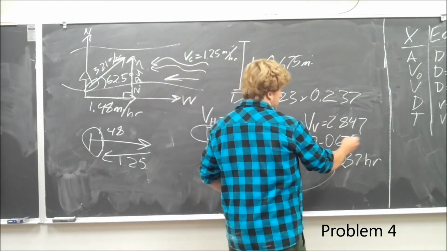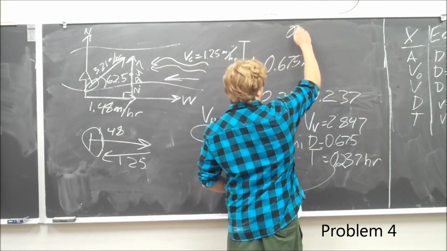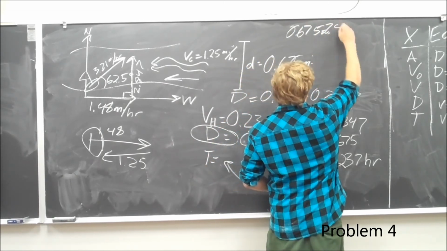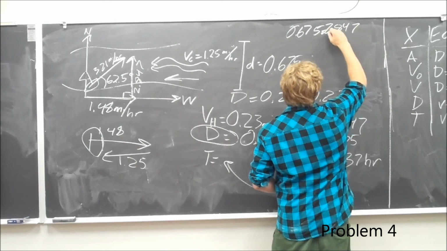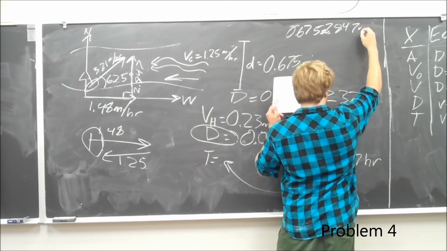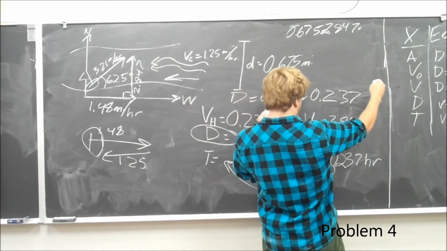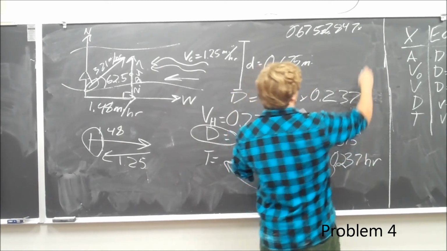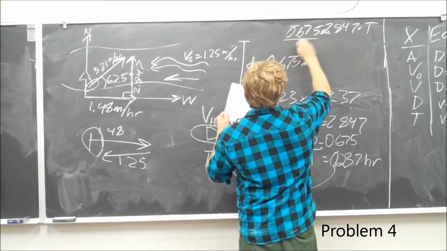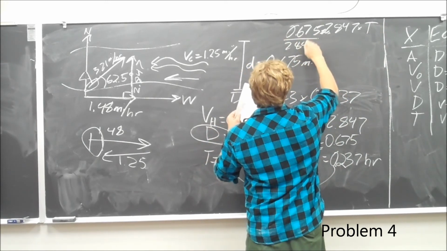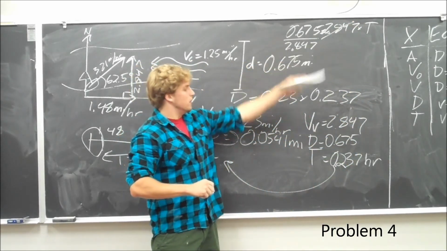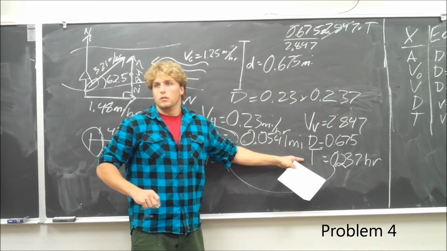So what I did was 0.675 is equal to 2.847, sorry, my handwriting, times t. And then I solve for t by dividing by 2.847. That guy goes away, so t is equal to that. That's the number. Got it?